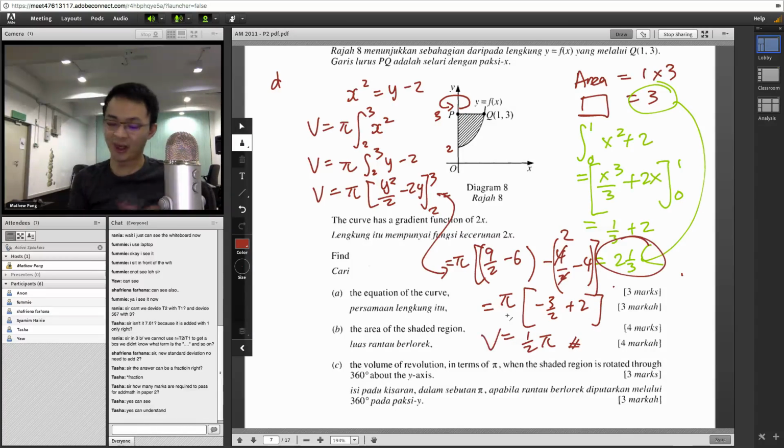This should be the answer for the volume. Is my answer correct? Let me check. Yes, it's 1 over 2 pi. Of course, in the marking scheme they write units cube. If you want, you can do that, but writing half pi should be good.